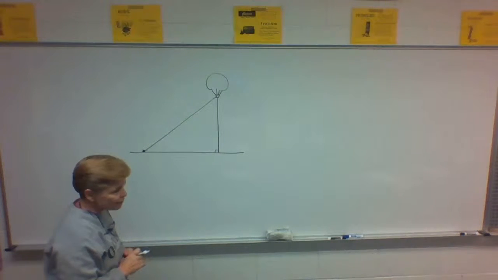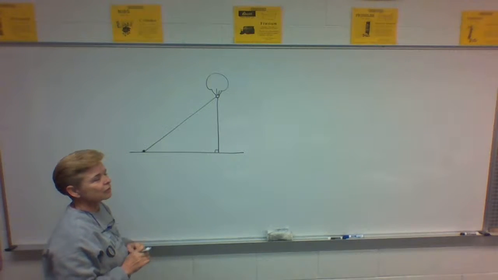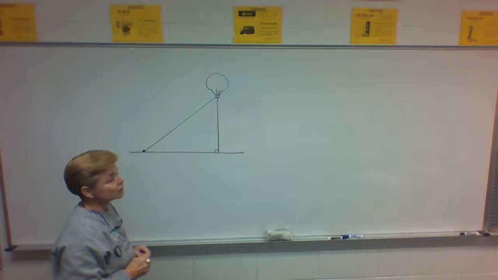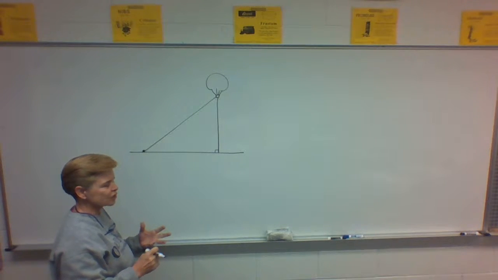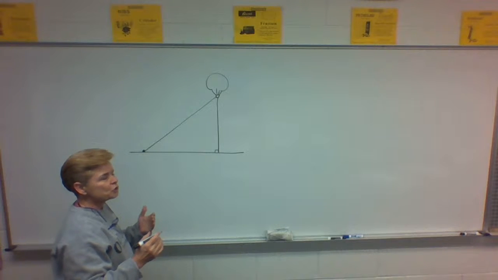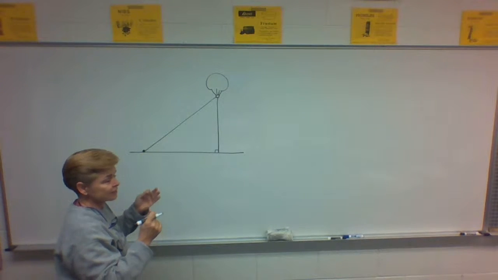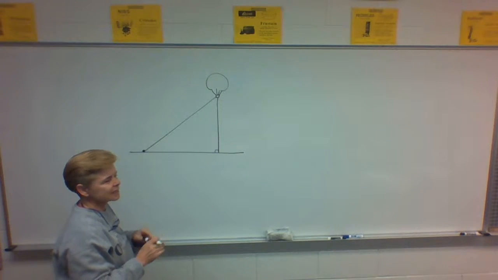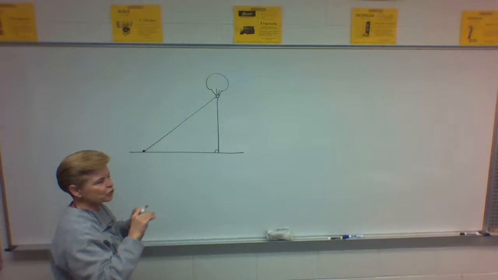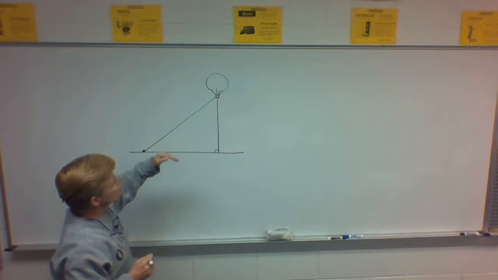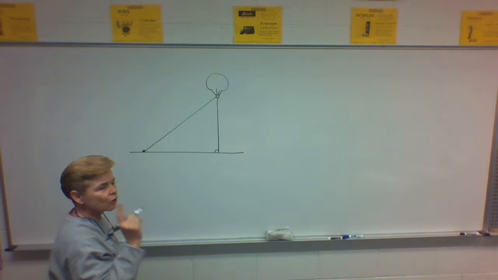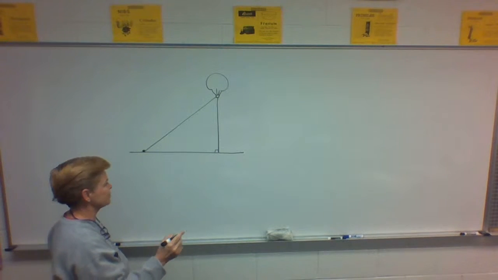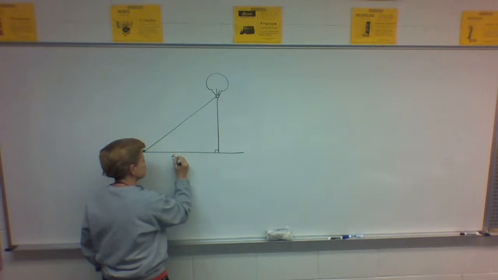Never, never, never put a constant on your picture unless it's really a constant. If something is changing as time moves along, do not put a constant on your picture to represent it because that freezes it. He calls it freezing it in his strategy. And this balloon's moving up. The rangefinder is following it. All those things are moving. The one thing we know for sure that's not going to change over time is this distance right here.